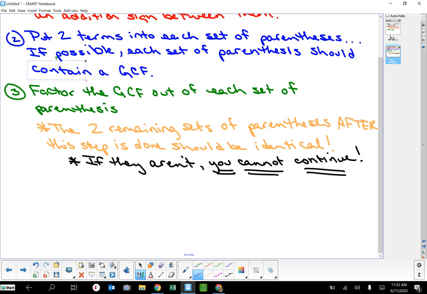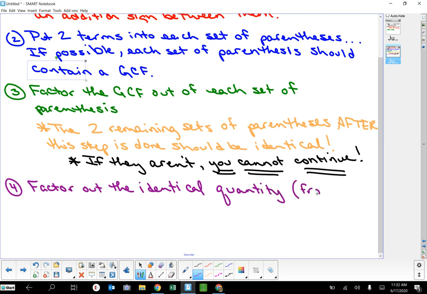Step 4, make that purple. You're going to factor out the identical quantity from step 3. And then that becomes a GCF, and you're just going to write your other two terms.